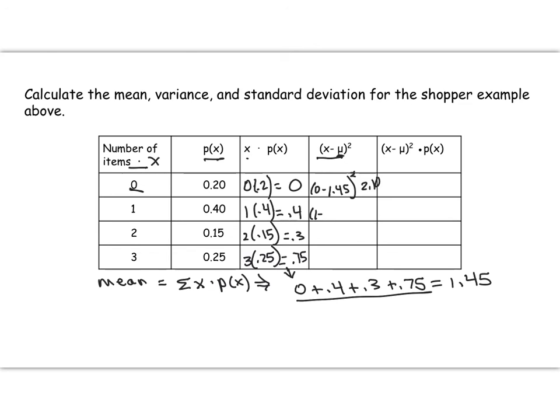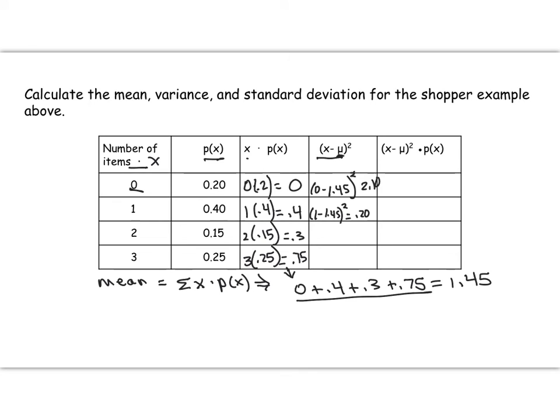So 1 minus 1.45 squared is going to be 0.2025. We'll just leave it at 0.20.